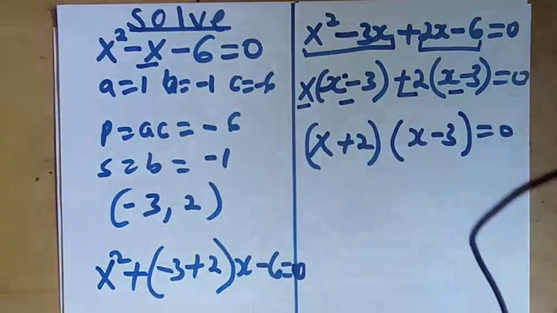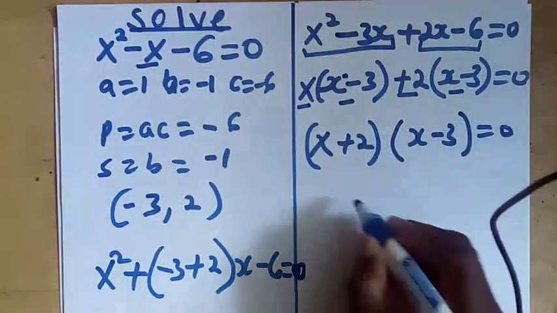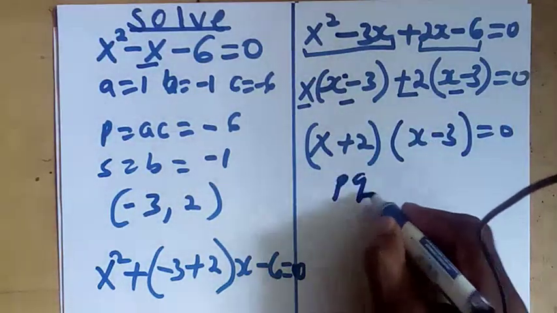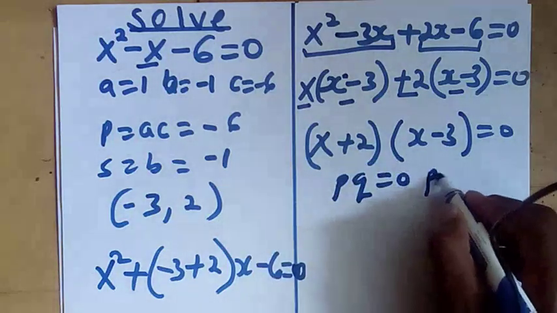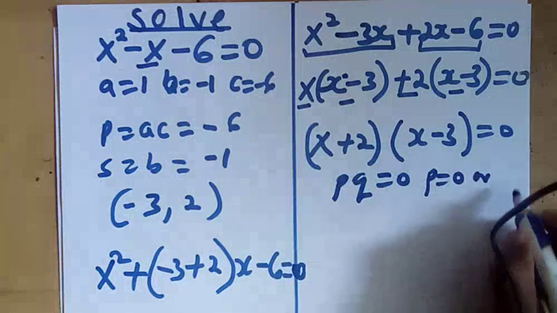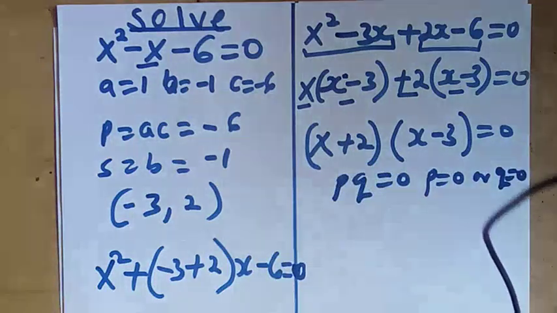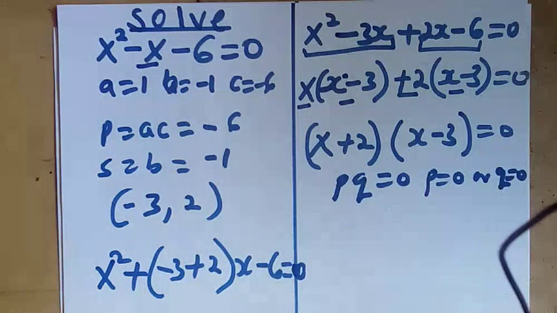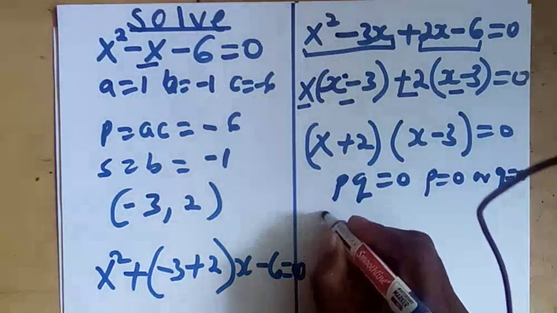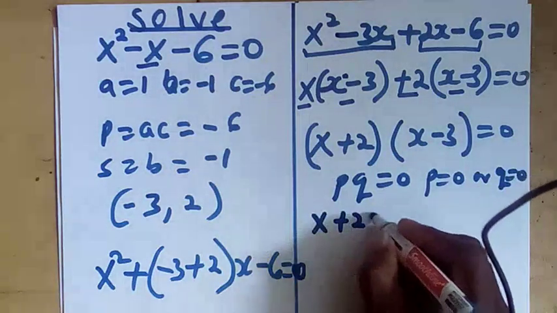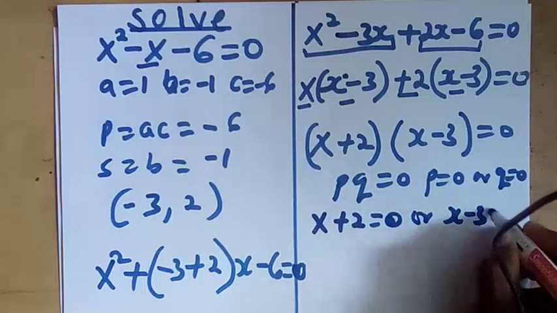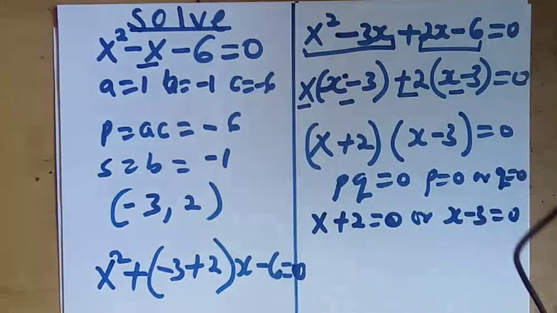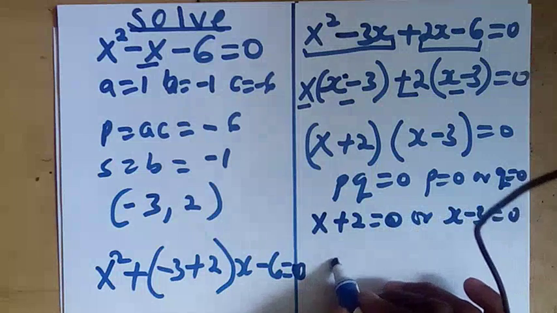Once I've factorized, remember this: if you have two numbers p multiplied by q equals 0, then it simply means that either p equals 0 or q equals 0, or both. Therefore, in this case, x plus 2 equals 0 or x minus 3 equals 0.